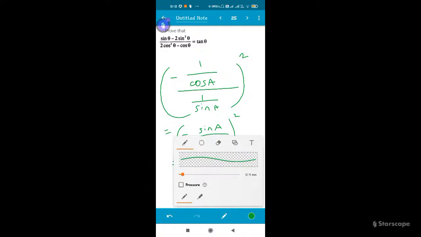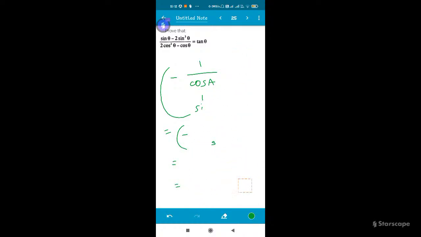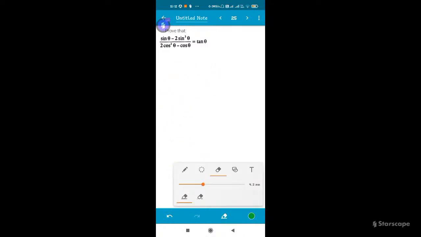Right, let's do this question now. Okay, so we have (sine theta minus 2 sine cube theta) divided by (2 cos cube theta minus cos theta) is equal to tan theta. So let's begin.